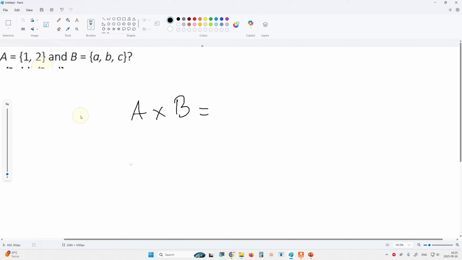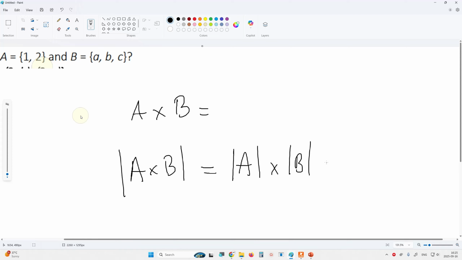Well, I know that the cardinality of this is going to be the cardinality of A multiplied by the cardinality of B, which is going to be 6. So now you know that you should have 6 pairs in the result. So what are the 6 pairs?